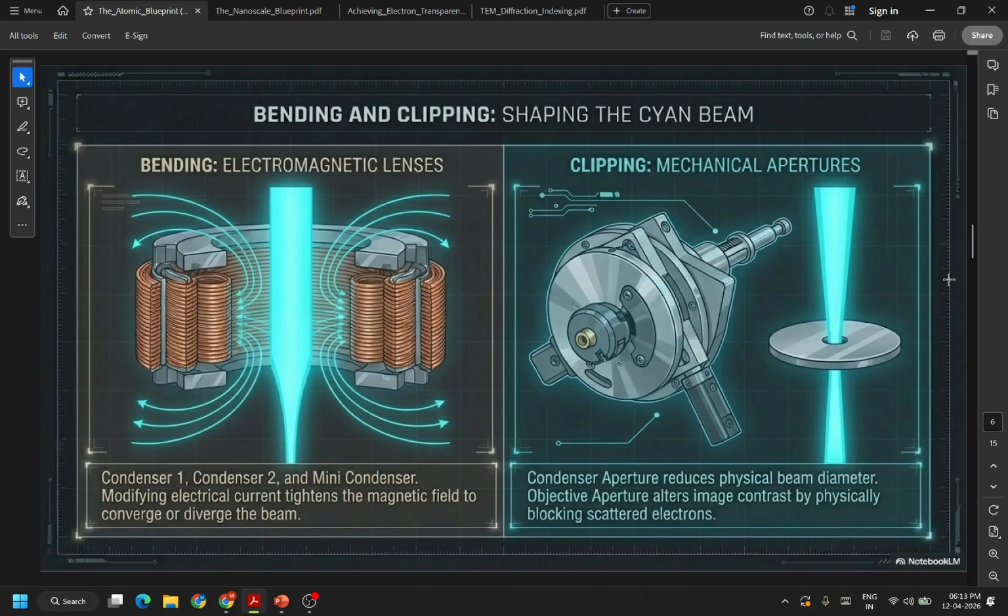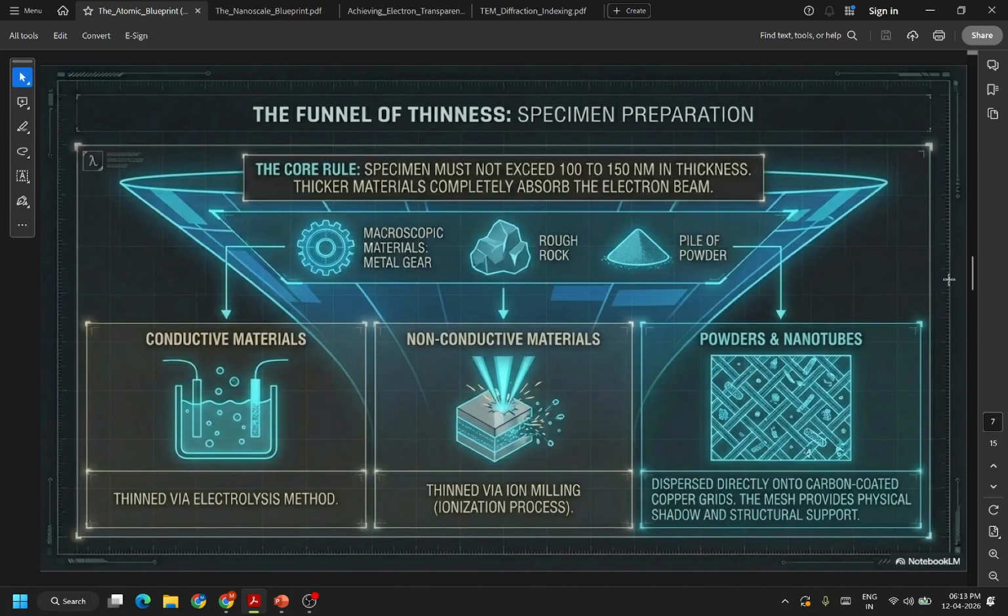The condenser aperture reduces the physical beam diameter, whereas objective apertures are used to alter image contrast by physically blocking scattered electrons. So both have different purposes.